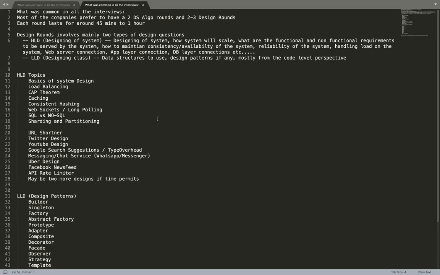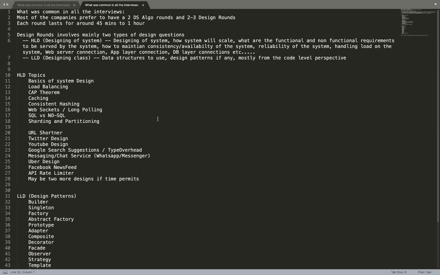Coming back to the point where we were talking about high level design and low level design. Just to make it very clear for everyone, high level design is completely different from low level design. There will be a round in which they'll ask you to design a system at the low level, and another to design a system at a high level.